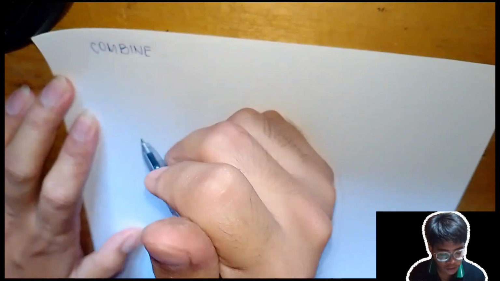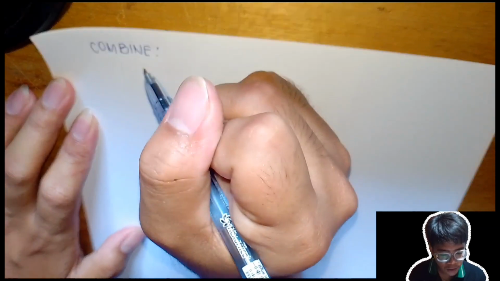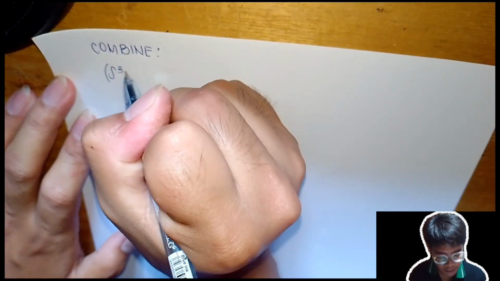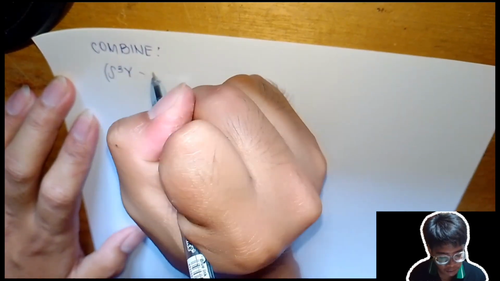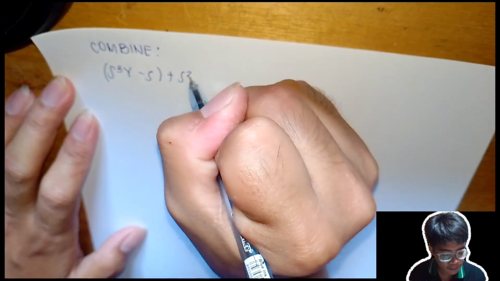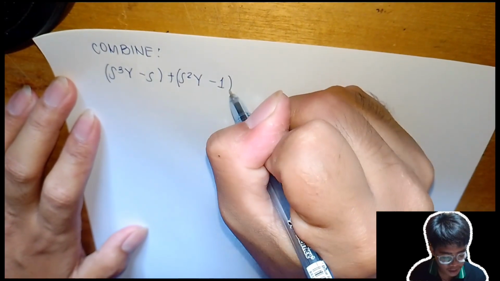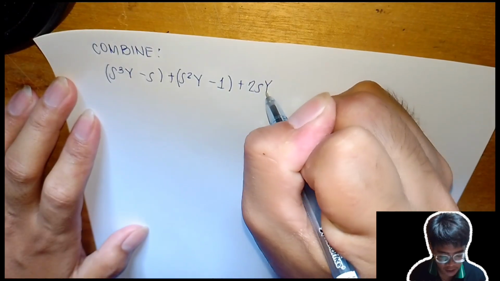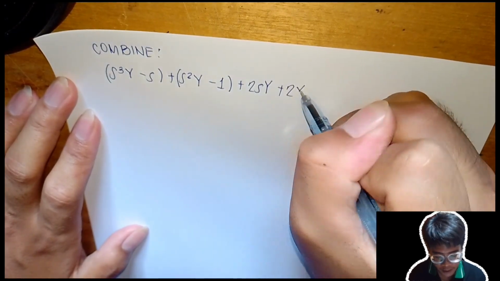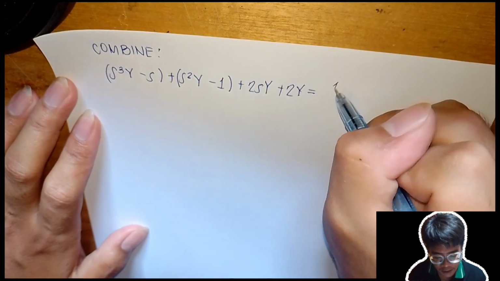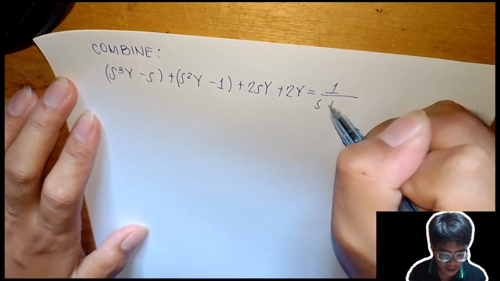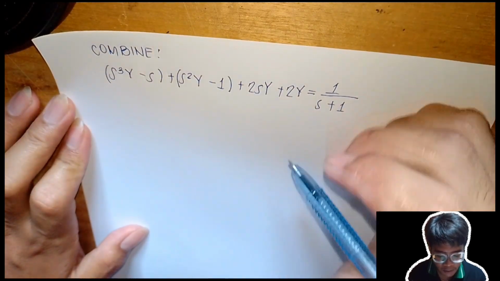By combining it and applying the initial conditions, you can get s cubed Y minus s plus s squared Y minus 1 plus 2sY plus 2Y is equal to 1 over s plus 1.